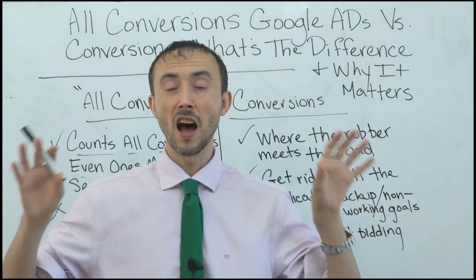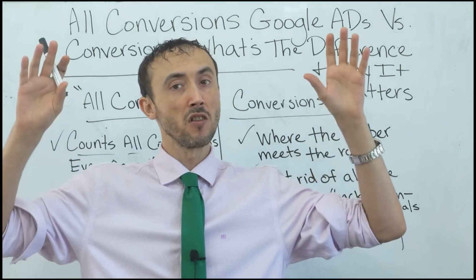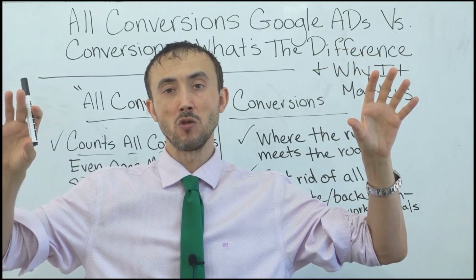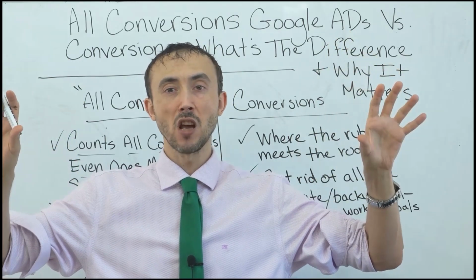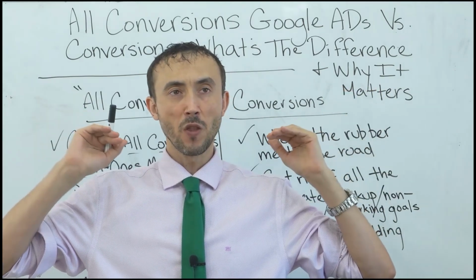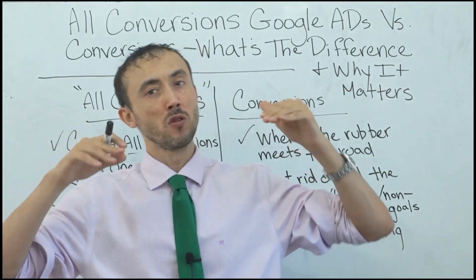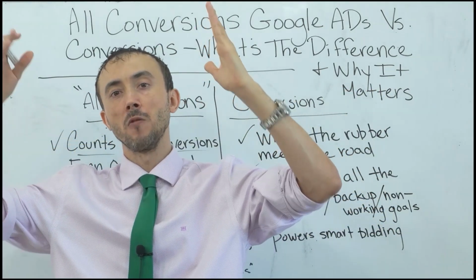And then they make that change and that sends their account into actual learning mode, which sends the results south even more. And then they panic even more and make more changes. Google Ads' algorithm absolutely hates change, and the bigger the change, the more the results fluctuate short term. You can have a positive change, but just for the fact that it was a change, your results are going to go down before they go up again.